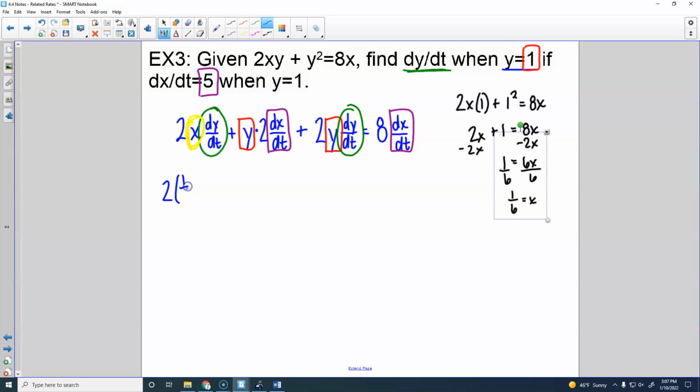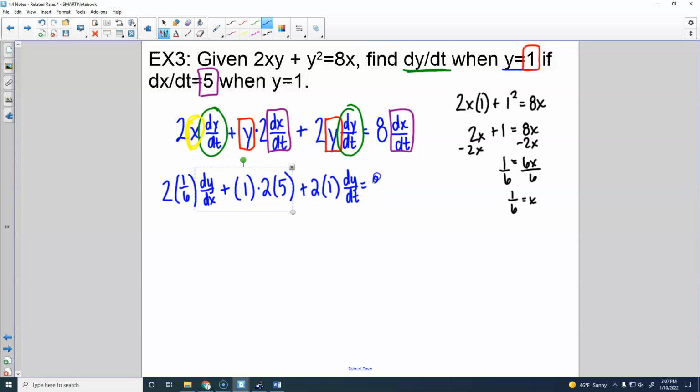We got 2, 1/6, dy dt. We don't know that we're going to keep here. Plus y is 1 times 2 times dx dt, which is 5, plus 2 times 1 dy dt, I don't know. I've got to leave it.